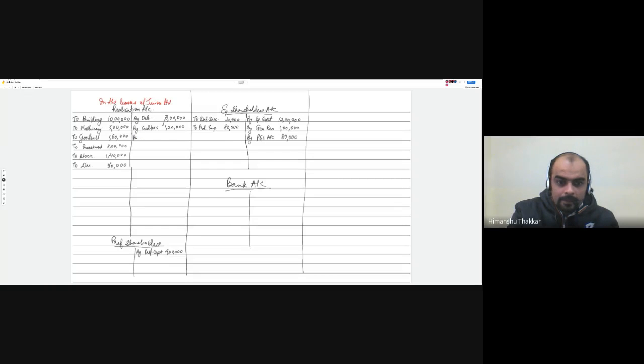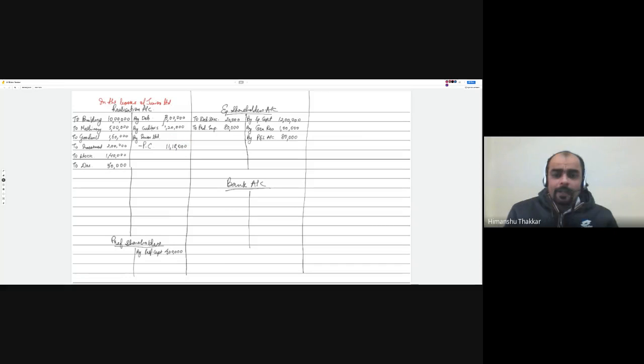Any other liability left out? No. Liabilities are only this much. So we write the next, that is purchase consideration, by Senior Limited, purchase consideration. What is the amount of purchase consideration? 11 lakh 18,000.